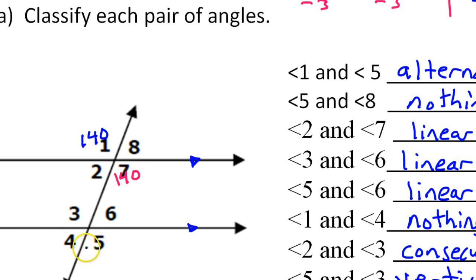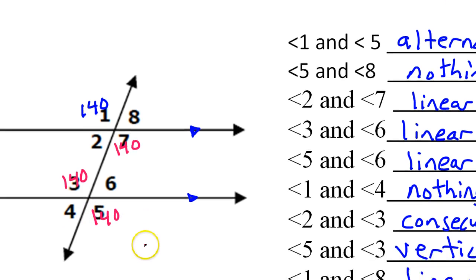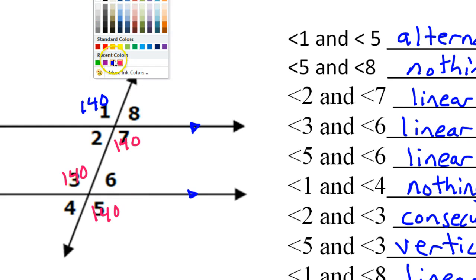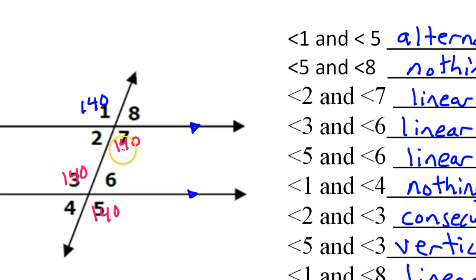So this will be 140, and this will be 140, and this will be 140. Now all of the acute angles will be supplementary to the obtuse angles. So if I do 180 minus 140, of course that leaves 40. So all the acute angles will be 40.